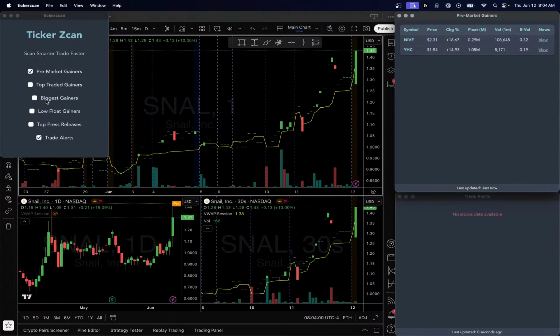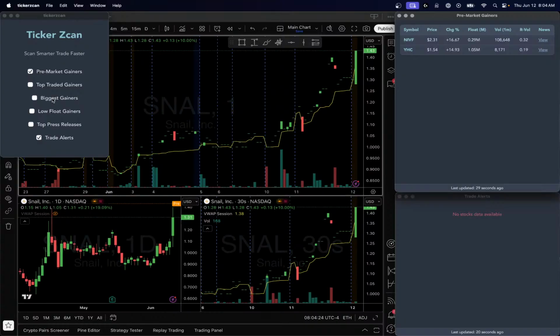So at 9:30, I'm going to get rid of pre-market gainers and go with biggest gainers. Now, the low float gainers are going to show up there as well, if they have enough criteria to show up there. And the biggest gainers at 9:40, I'm looking for things with an opening range.